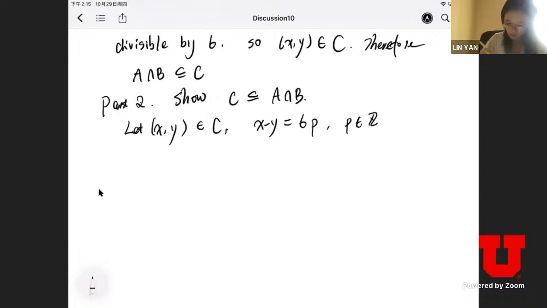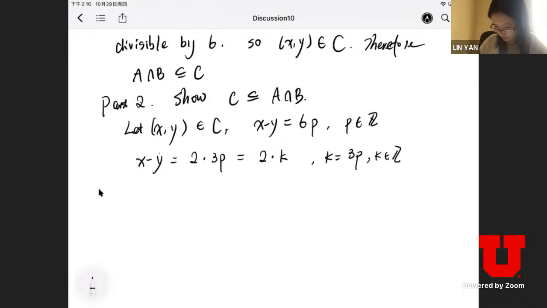And then because x minus y is equal to 6p, x minus y is equal to 2 times 3p, which is 2k, where k is equal to 3p, and k is an integer.